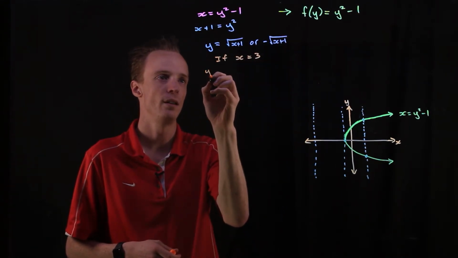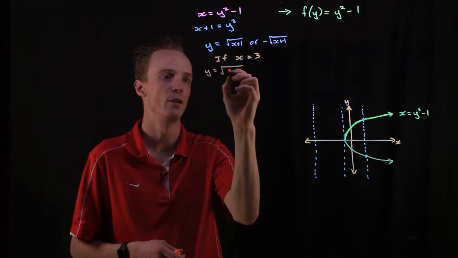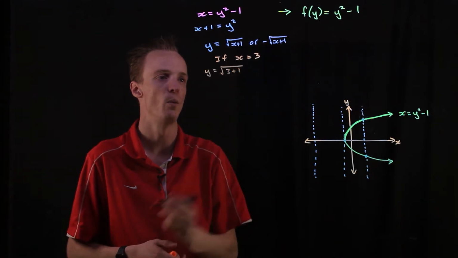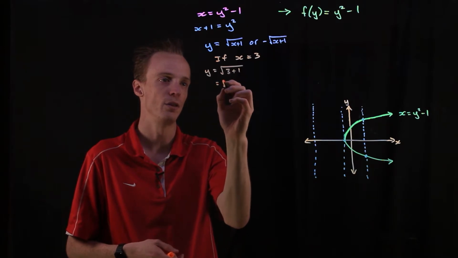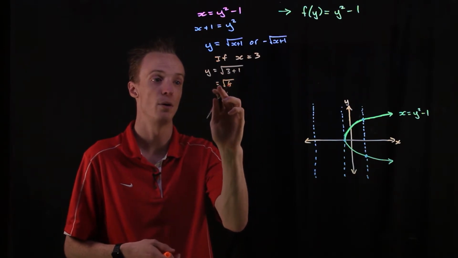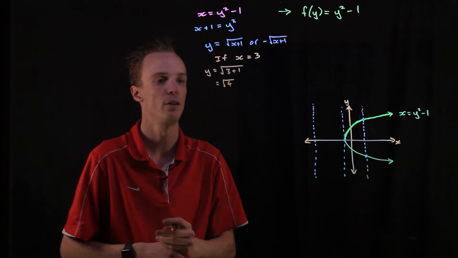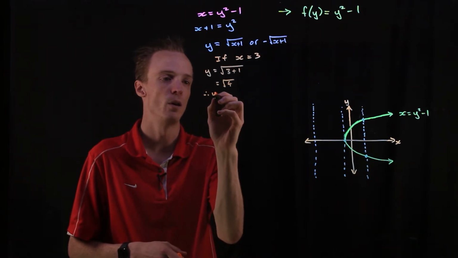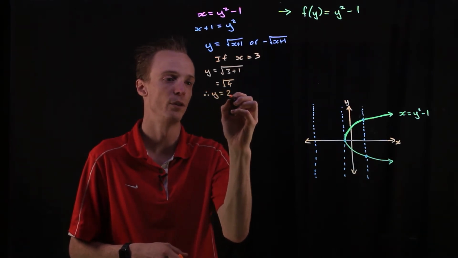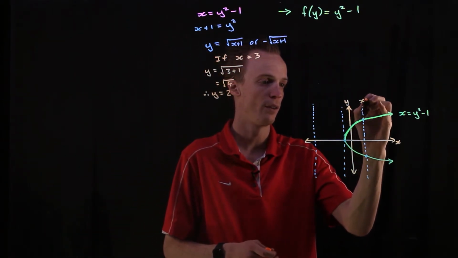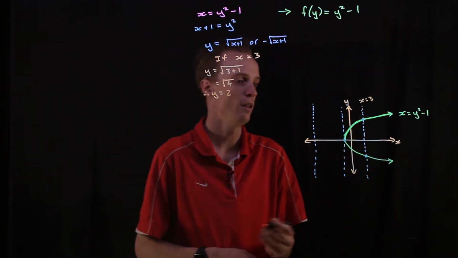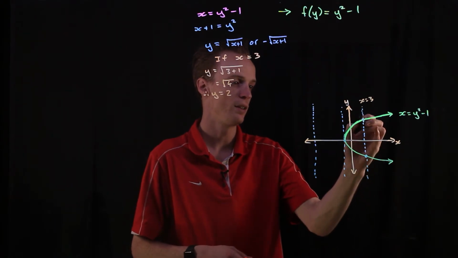So our y could equal the square root of 3 plus 1, which would be equal to the square root of 4, the positive square root of that. So therefore my y could equal positive 2. Now if this was my line of x equals 3, that solution here is that positive 2 solution just here.